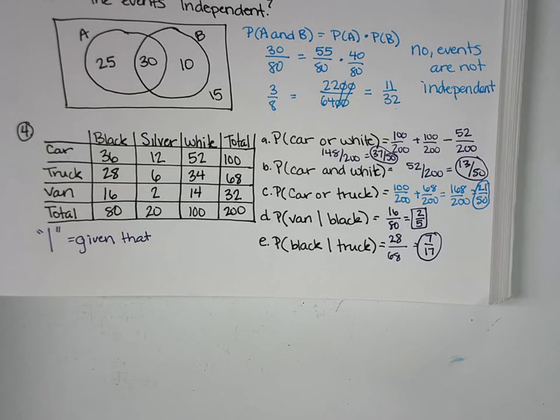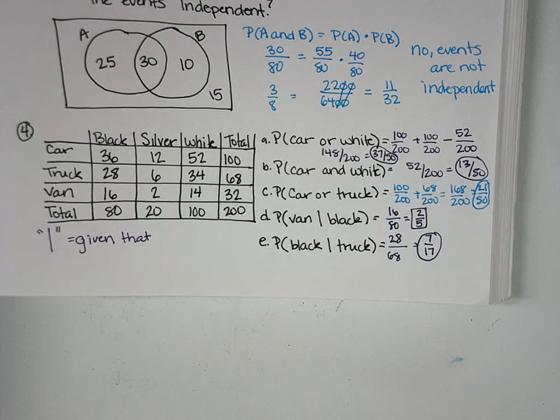Now if we said probability of not black given not car. Again, we put on the filter that we don't want a car, which means we're only going to have vans and trucks. But it's also not black. Let's start with the denominator. How many vans and trucks do we have? 100. So we're going to add just these two.